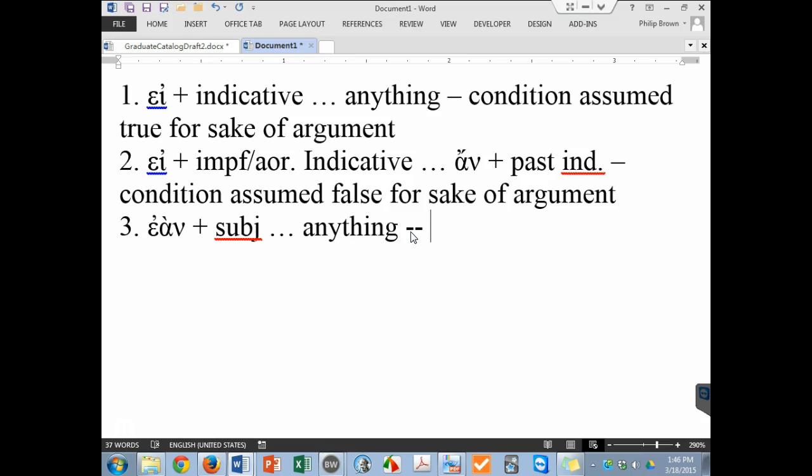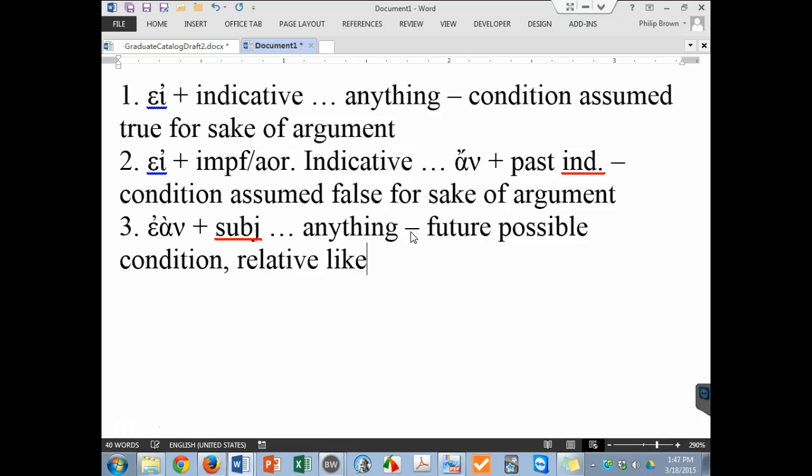And it's always the context, not the construction, that indicates the degree of likelihood. So I would prefer to call it a future probable condition, a future possible condition, or future potential condition, and the relative likelihood is a function of context.